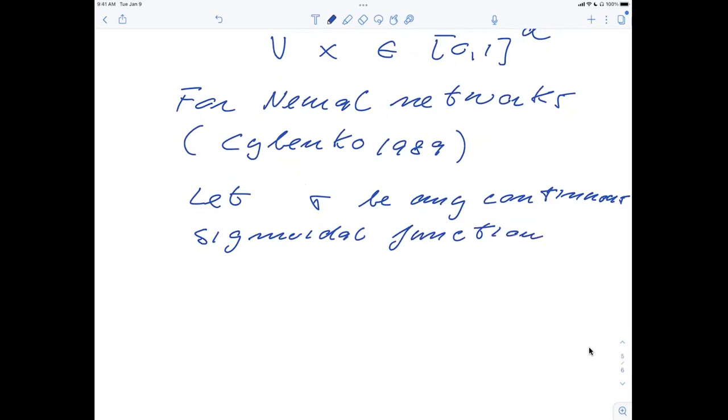which has the property that sigma of z goes to 1 when z goes to infinity, and it goes to 0 as z goes to minus infinity.